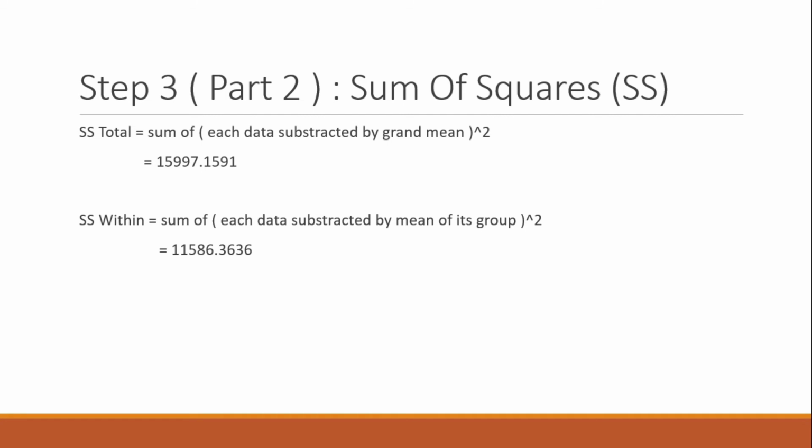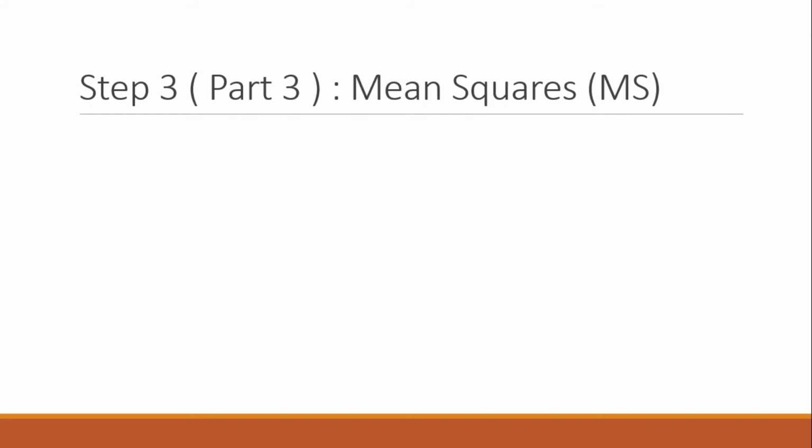And for this, we will get a value of 11,586.3636. Lastly, for finding the sum of squares between, we will be subtracting the sum of squares within from the sum of squares total, giving us a value of 4,410.7955.